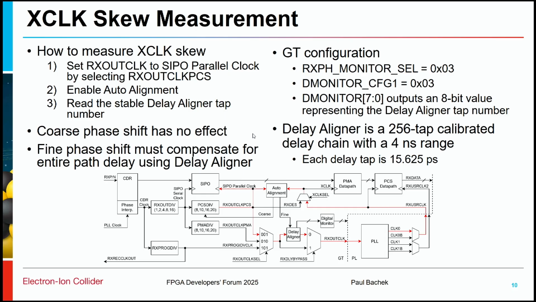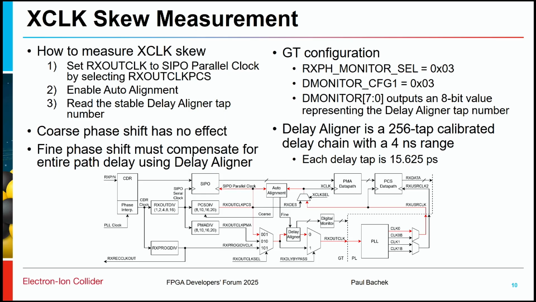We can start by measuring the skew of the path from the clock out of the transceiver through fabric and back to X clock, where it's measured for the clock domain crossing. And this can be done by changing the RX out clock source to be the deserializer clock, and then use that to measure its phase back through its entire routing path back to itself.